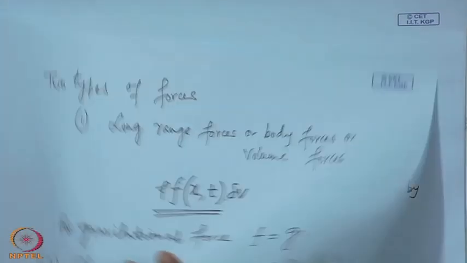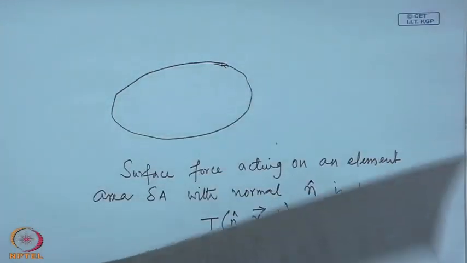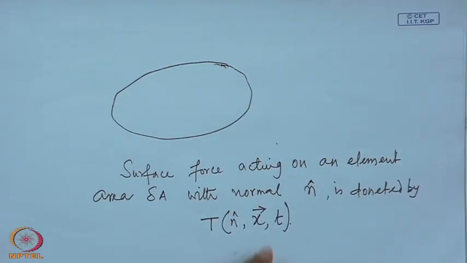In that case, earlier also we should denote it in the vectorial sense, that this is the position vector. So, that means this element we are considering has a position x at time t.